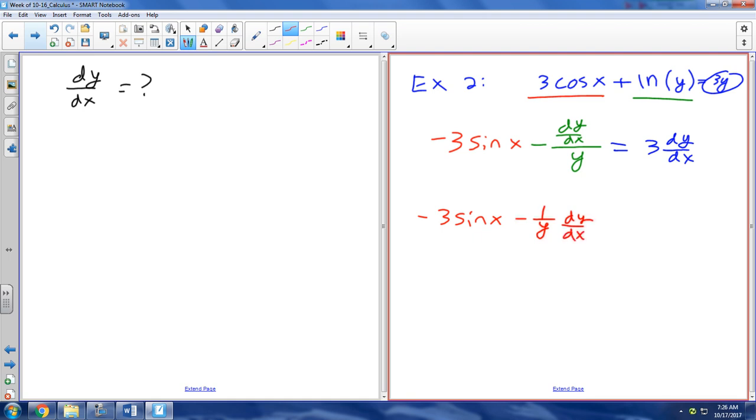But I'm going to move that to the other side, so I'm going to add it to both sides. So it's over here now. We should be able to solve that out for dy dx from there. So factor out the dy dx: it's going to be negative 3 sine of x over 1 over y plus 3. That would equal your y prime, or your dy dx.